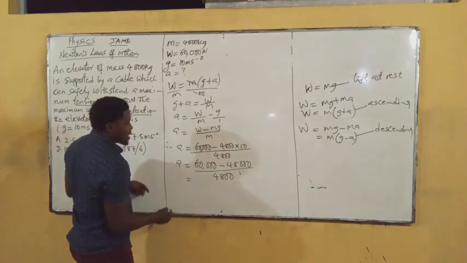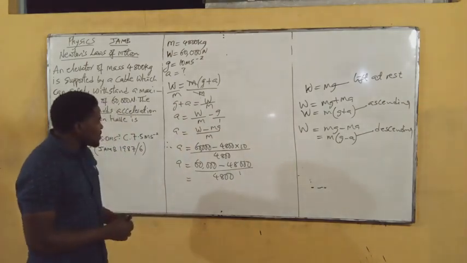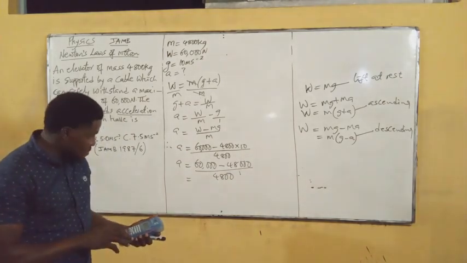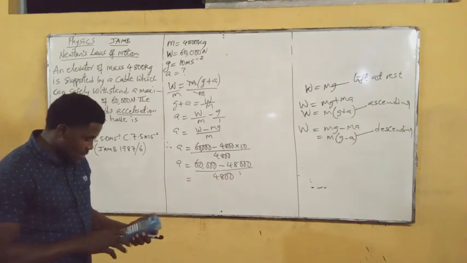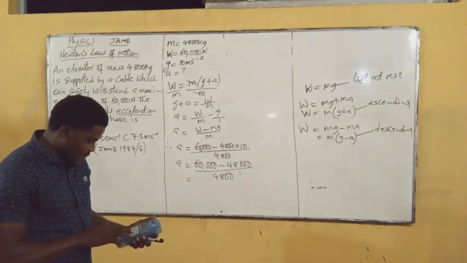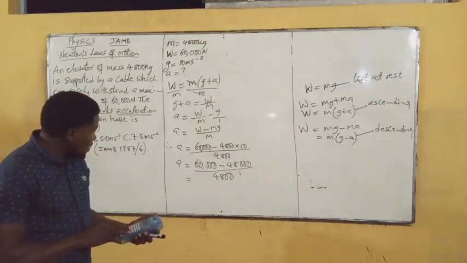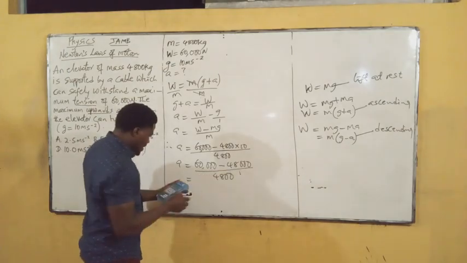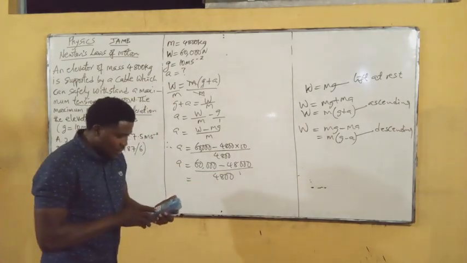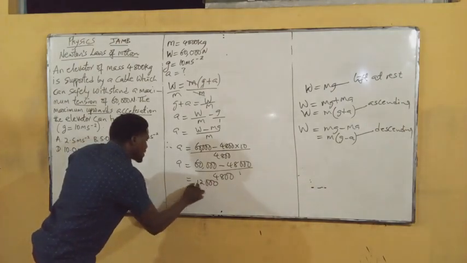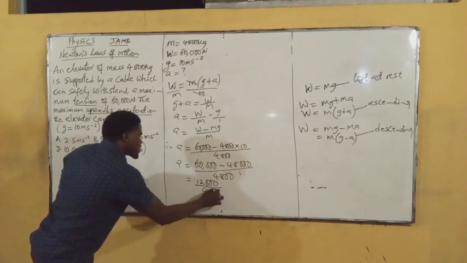So a finally becomes 60,000 minus 48,000, which will give me 12,000, divided by 4,800.